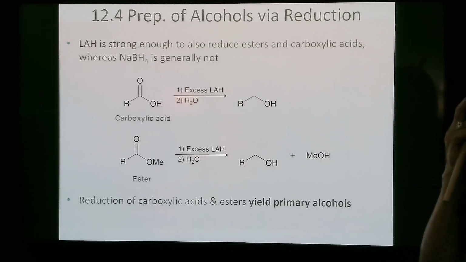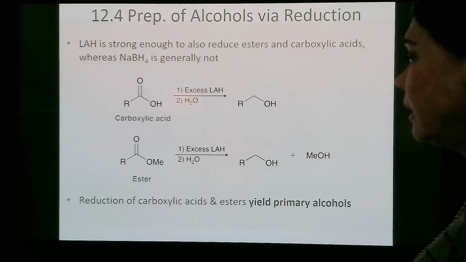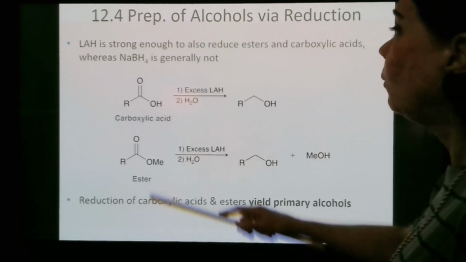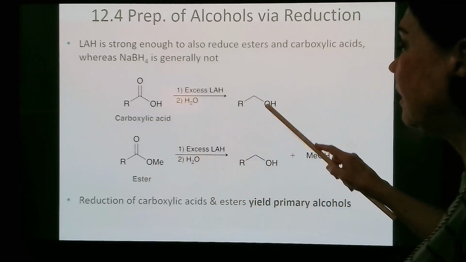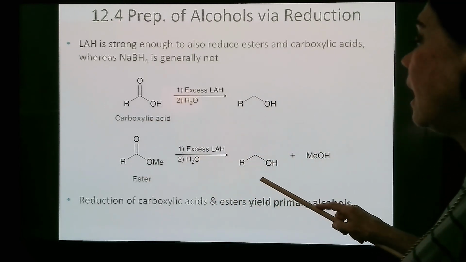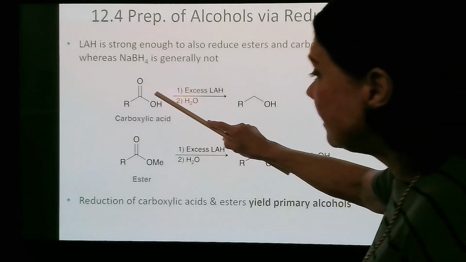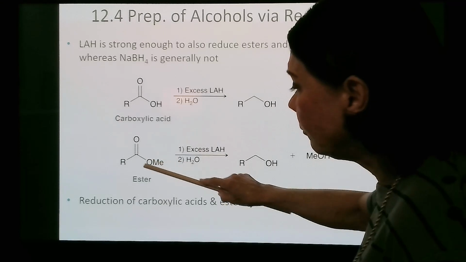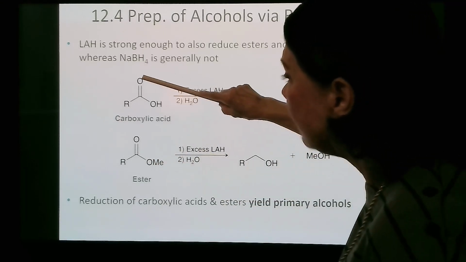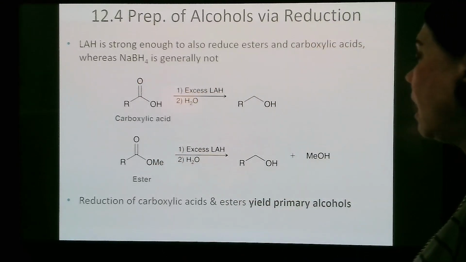Lithium aluminum hydride is also strong enough to react with carboxylic acids and esters, and it will give the alcohol that way. And so what happens is this group departs. This group departs. The oxygen that's left is the carbonyl oxygen.